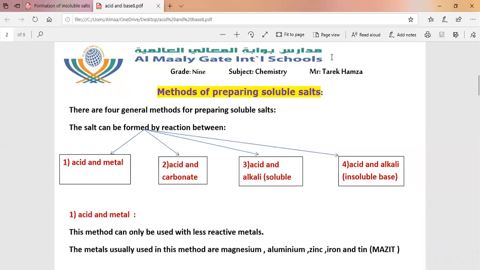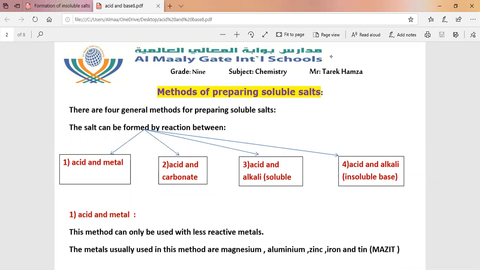There are four general methods of preparing soluble salts: when acid reacts with metal, or acid reacts with carbonate, or acid reacts with soluble alkali, or acid reacts with insoluble base.